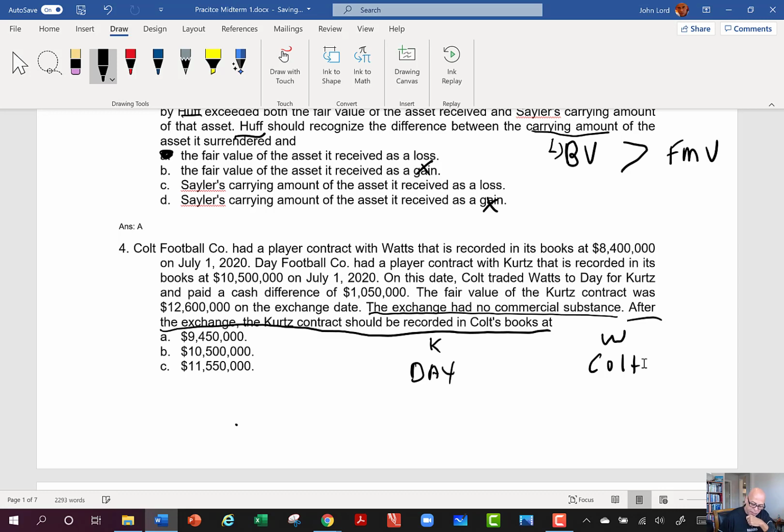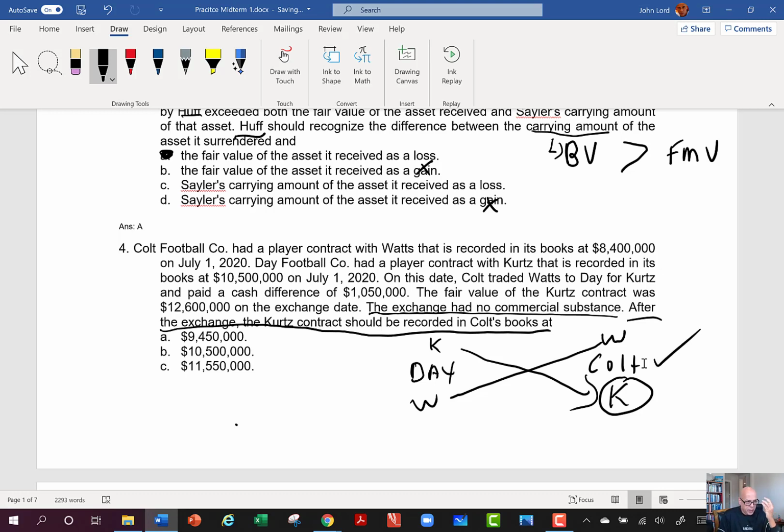Kurtz is going to go to Colt, and Watts is going to go to Day, and they want to figure out what we should record this Kurtz contract at, assuming the transaction has no commercial substance, on Colt's books. So we're going to be doing Colt's accounting here, okay?